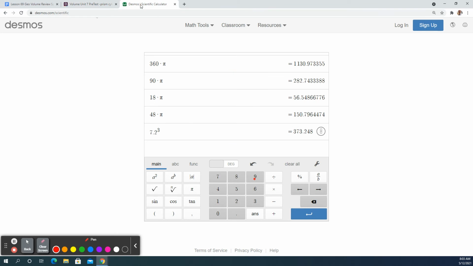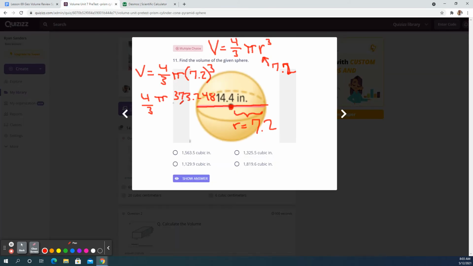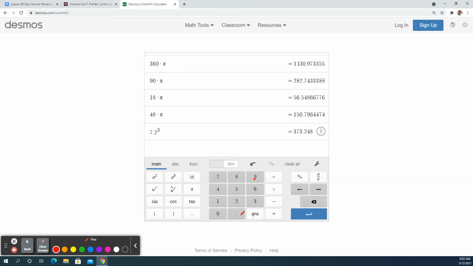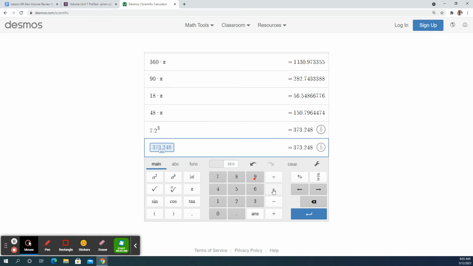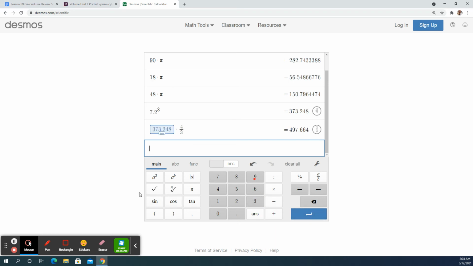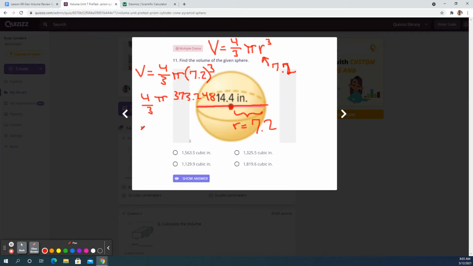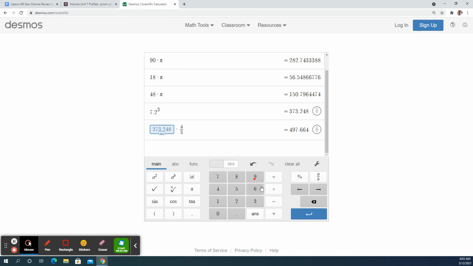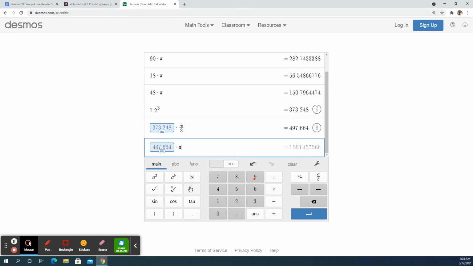So we multiply 373.248 times 4 divided by 3, which gives 497.664, and we still have our pi. So we'll take that answer times pi.